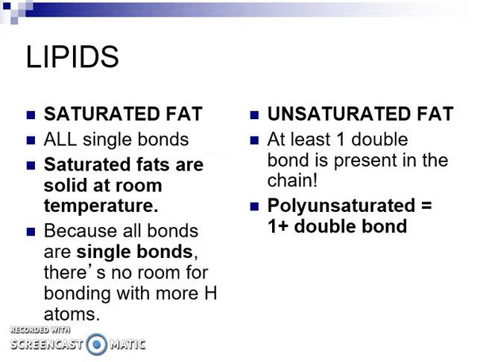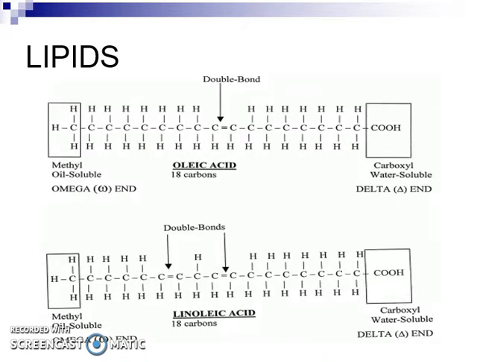And the double bond is much weaker than a single bond, so it's easier to break those down inside your body. And this is a visual representation of lipids. If you look at the top image, it has 1 double bond directly in the center, represented by that double line that looks like an equal sign. And then if you look at the bottom, you have 2 double bonds.